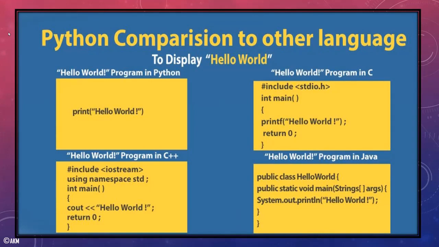It's a comparison between Python and the other programming language C++. Instead of using multiple statements in C++, if you want to display a message hello world, you have to use this much of statement. But in Python, you just want to use only one statement that is represented here.